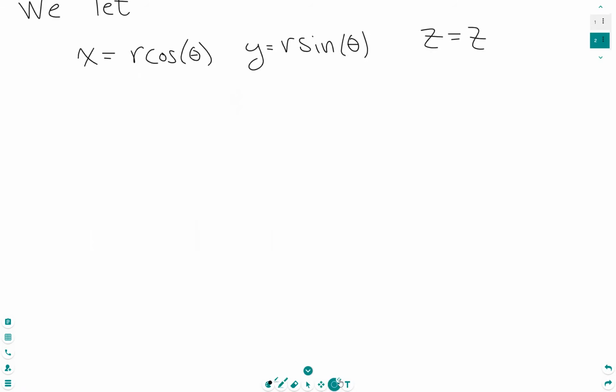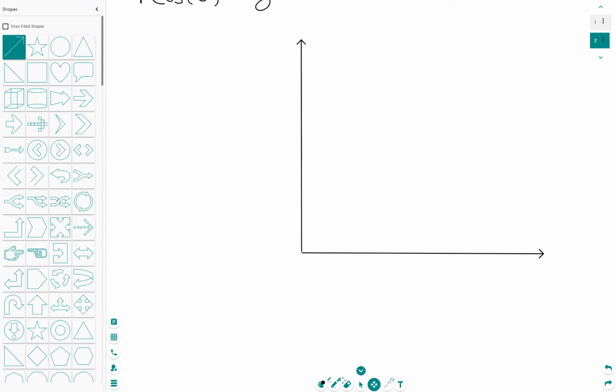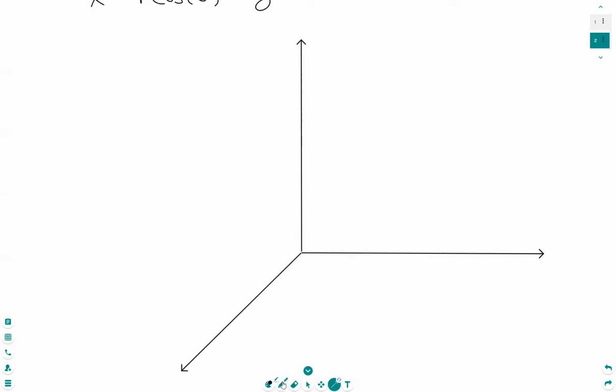So let's look at a sketch of what this is doing here. So we have our typical x, y, and z. But now say I have a point here that is point P, and the ordered triplet will be r, theta, z.